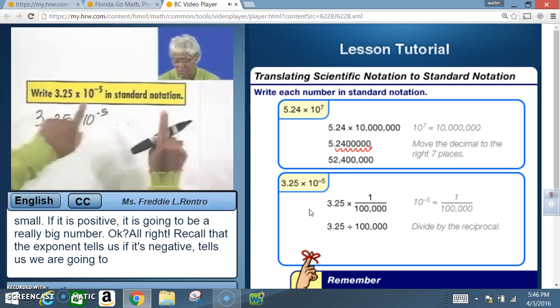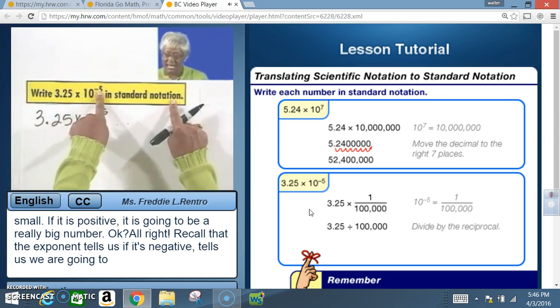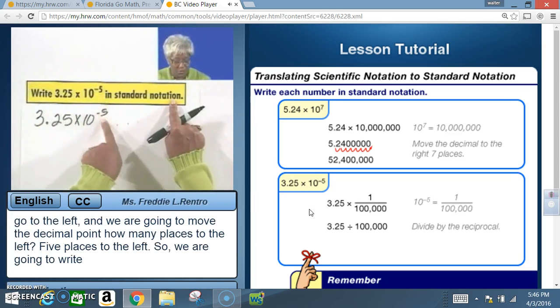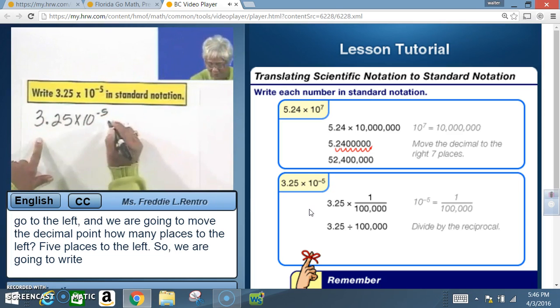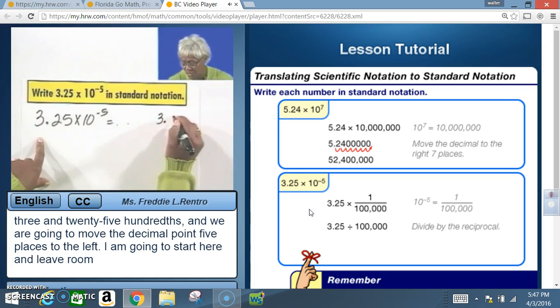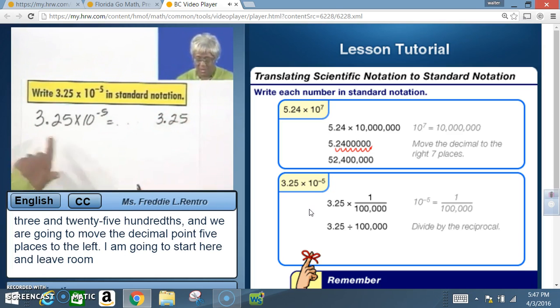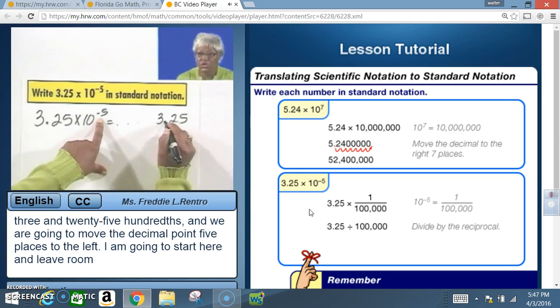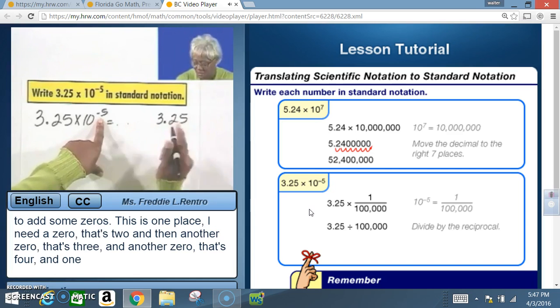Recall that the exponent tells us, if it's negative, which direction. Are we going to go to the left? And we're going to move the decimal point how many places to the left? 5 places to the left. So we're going to write 3 and 25 hundredths, and we're going to move the decimal point 5 places to the left. Well, I'm going to start here. I left room to add some zeros. This is 1 place.